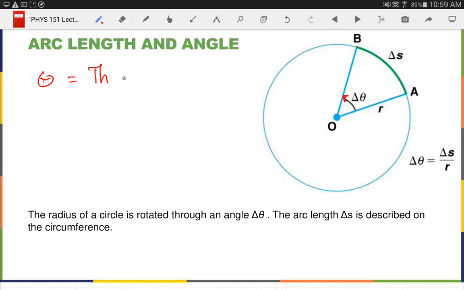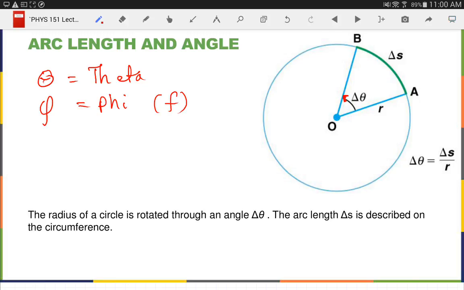Theta, that's the Greek letter th. We traditionally use theta to measure angles. We also will often use this one, which to us would be F. I learned to pronounce it phi. A lot of people pronounce it phi.